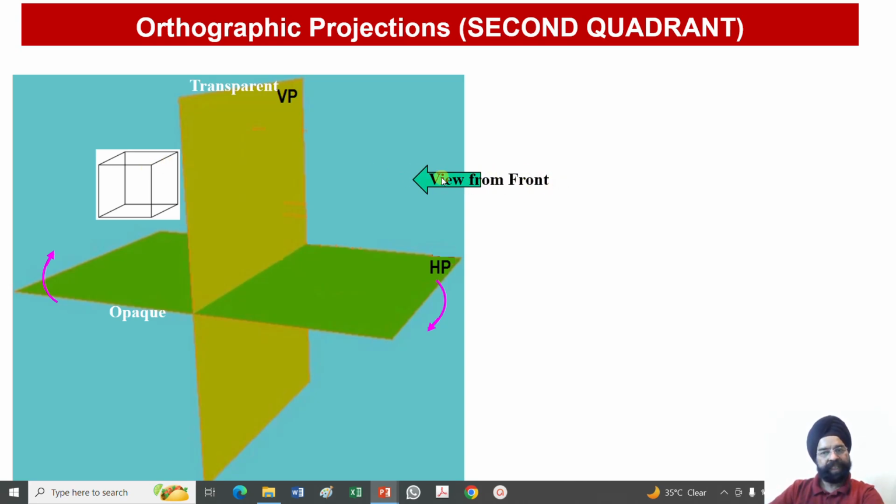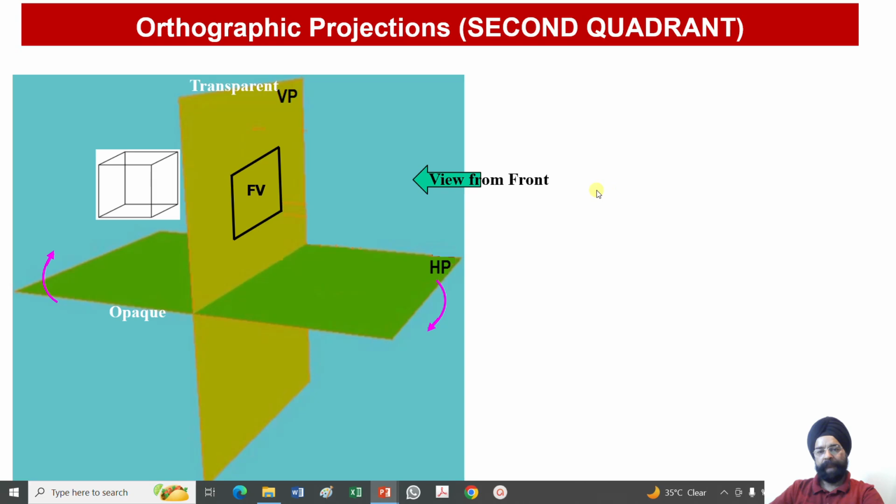And once I look at this object through this plane, the rays of sight will touch here and go back to this particular transparent plane, so that I can get the image of this object onto this intermediate plane. And this will happen only when I am using the transparent reference plane, that is my vertical plane.